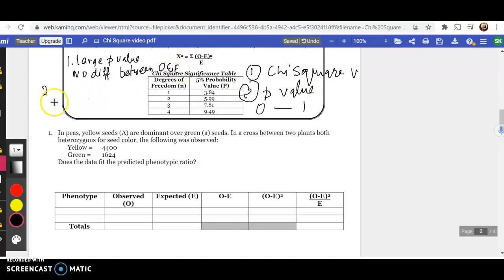But if the p-value is small, then there is a statistically significant difference there. In that case, it can be due to random variation, or it can be some experimental errors.